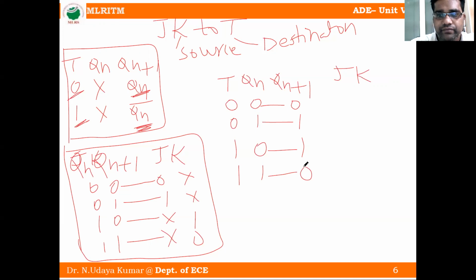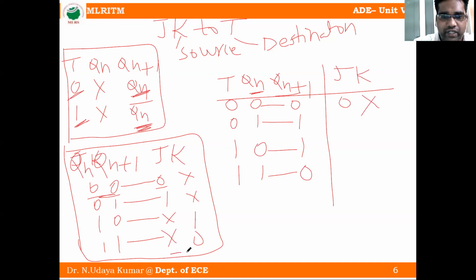Then we will find the JK here. If Qn is equal to 0 and Qn plus 1 is equal to 0, for 0 0 we will get 0 and don't care. For 1 1 we will get don't care and 0.